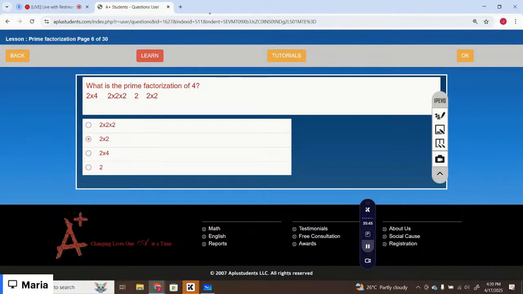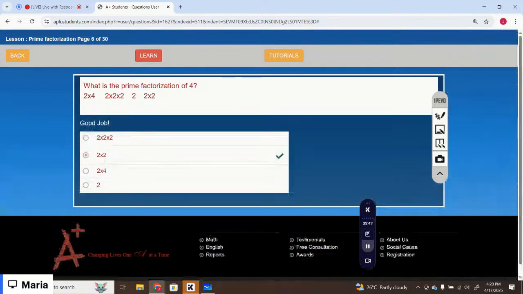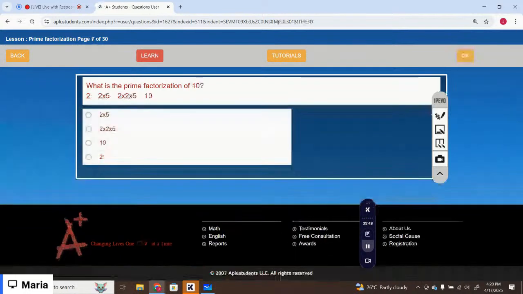Option number 2 is the correct option. What is the prime factorization of 10? Which is the correct option?